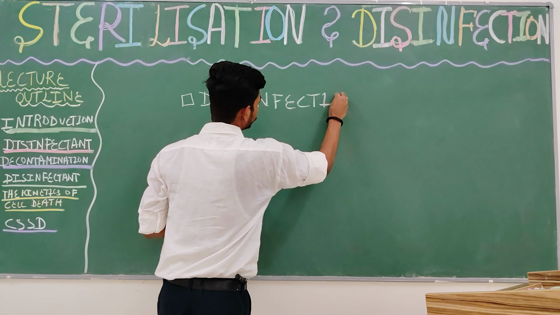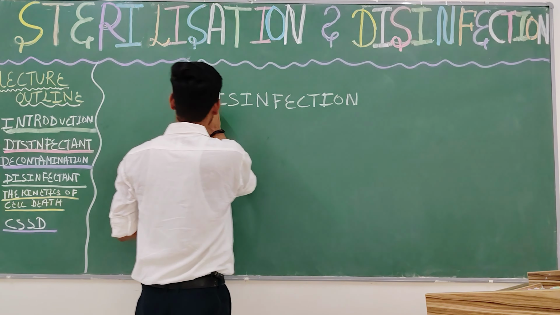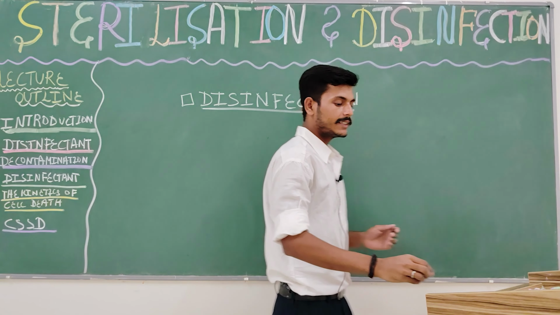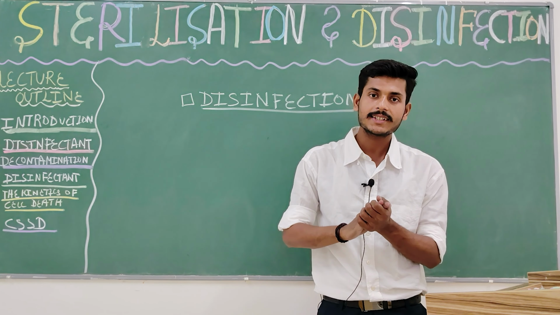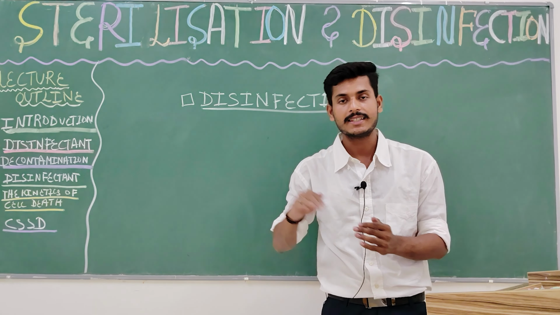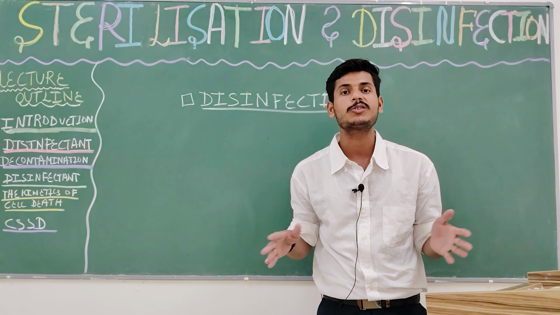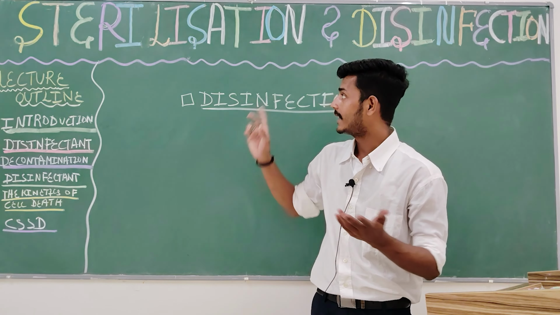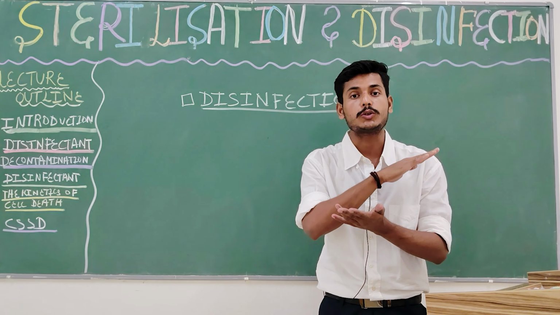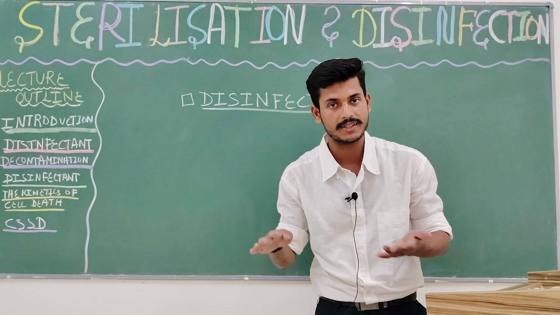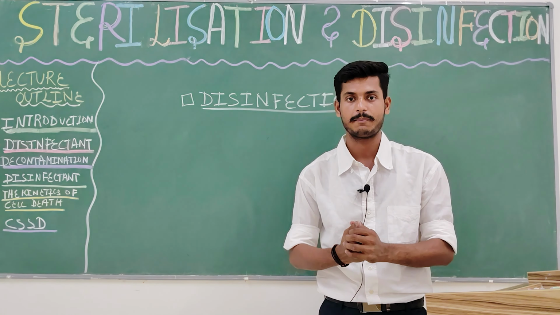Disinfection. The word disinfection means minimizing the microbes to such a level where they are no more pathogenic. Remember, in sterilization we are achieving a total microbial free ambience or total sterile environment.